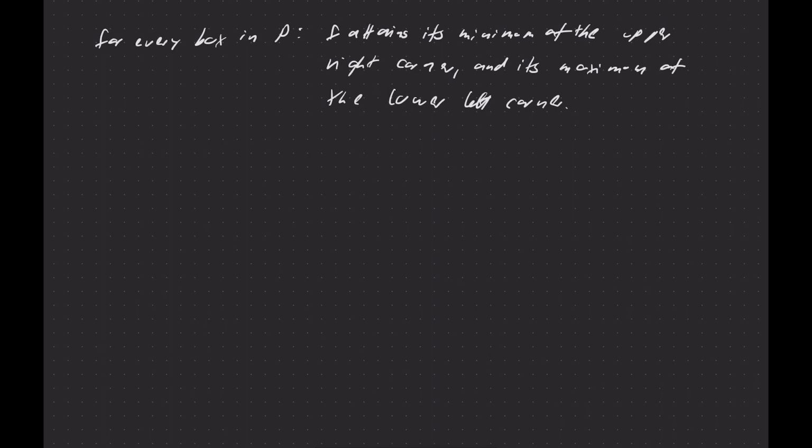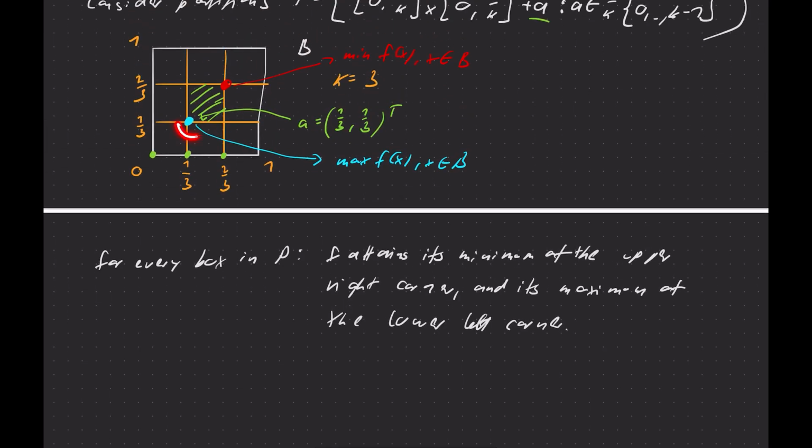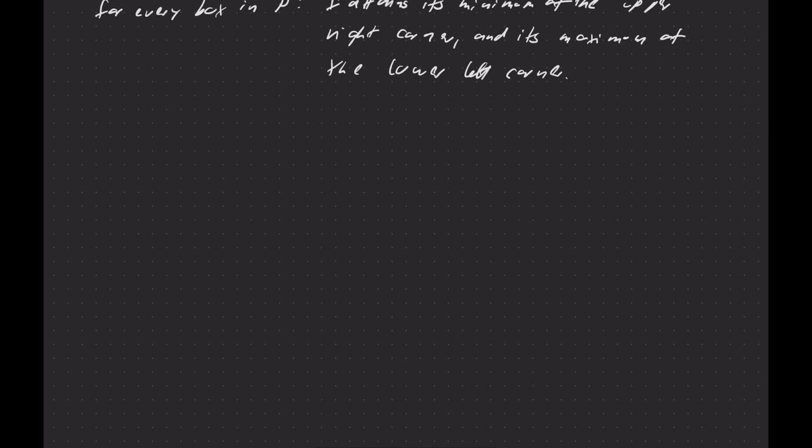Let's start with the upper Riemann sum actually. That corresponds to the maximum, so this blue corner here is the one that we want now. Okay, so let's compute that upper Riemann sum first.